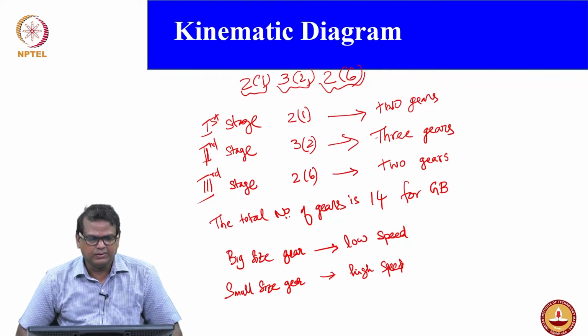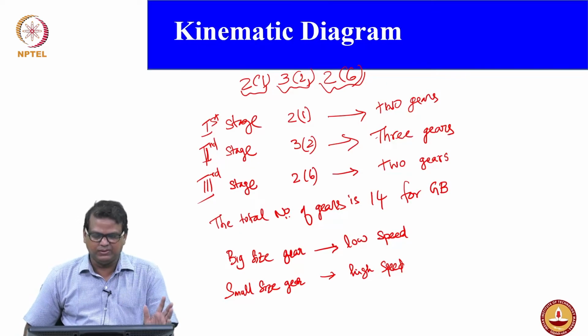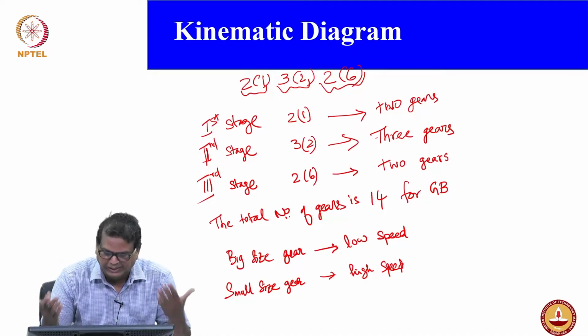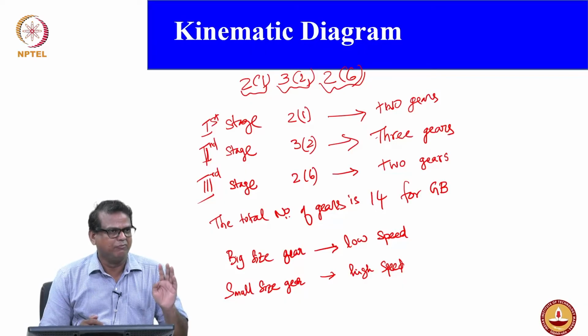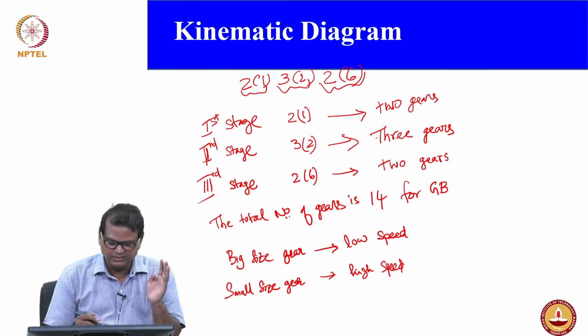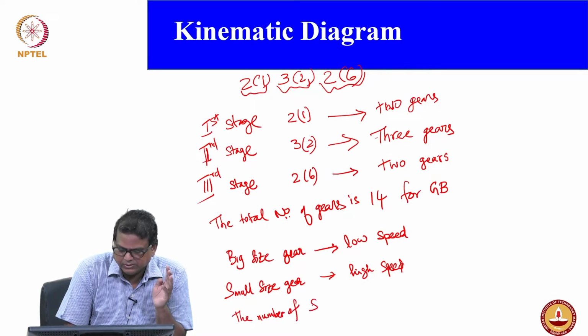One more thing: this is a 3-stage gearbox, and we already know that the number of shafts you need for this gearbox is 4 shafts, 4 spindles. In a machine tool gearbox, the number of shafts means the spindles, which is 4.